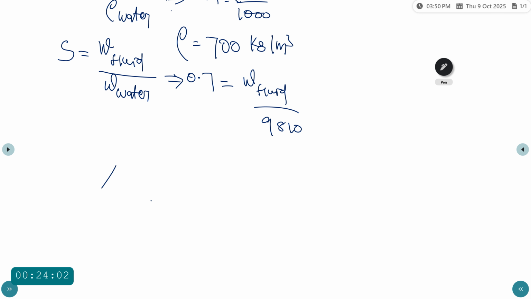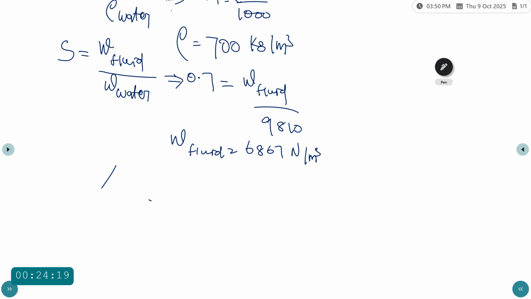By cross multiplying, we get the specific weight of petrol: 6867 Newton per meter cube.